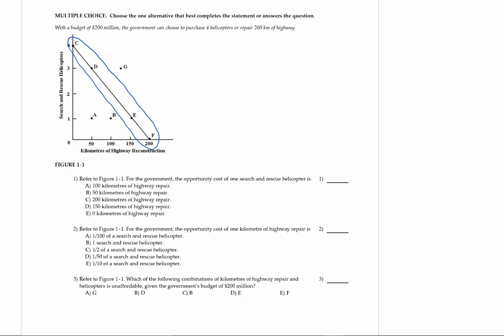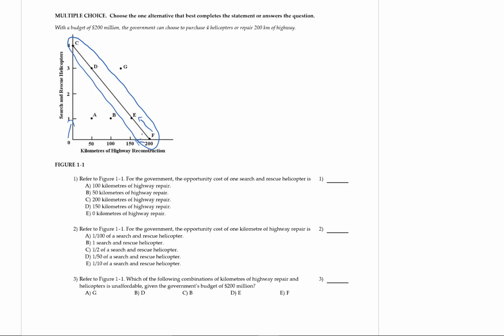What we can do is look at how much highway we have to give up when we go from 0 to 1 search and rescue helicopter. We see that if we go from 0 to 1 search and rescue helicopters and we're still along this boundary, we've got to move from point F to point E. This results in us losing 50 kilometers of highway construction.